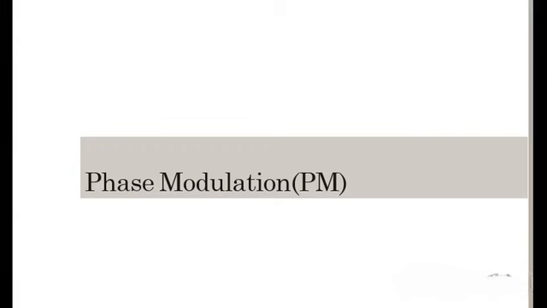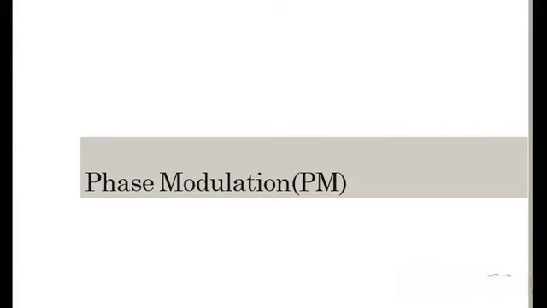Phase modulation is one of the two principal forms of angle modulation, together with frequency modulation. Widely used in conjunction with amplitude modulation, quadrature amplitude modulation uses both phase and amplitude modulation to create different binary states for transmission.